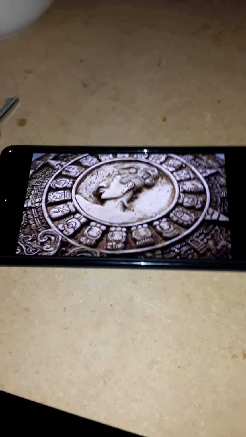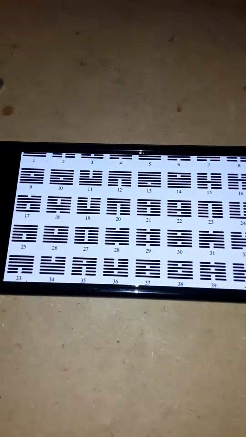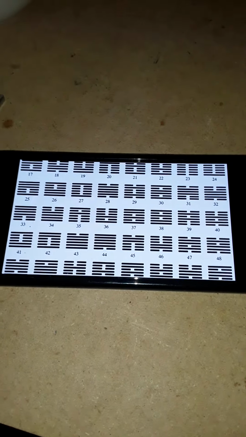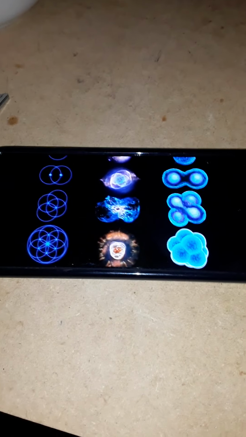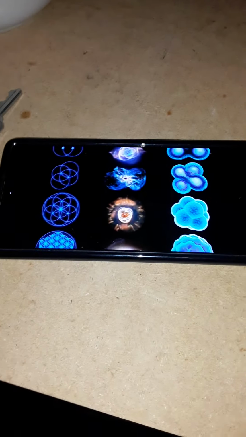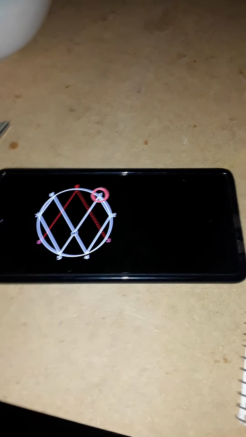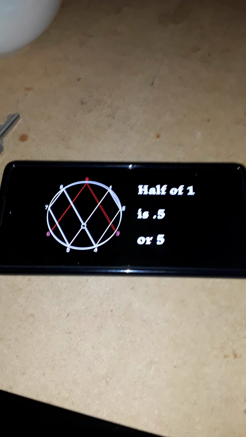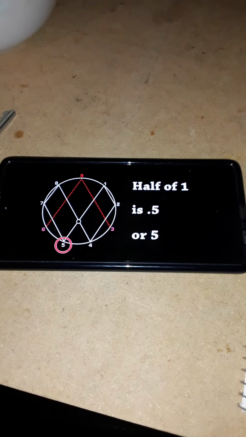This is why 64 is the complete cycle for the Mayan calendar or the I Ching. Also, there are 64 possible patterns for a codon in DNA. This doubling, or geometric progression, is commonly found in nature and was understood by the ancients. Now, if we go backwards, meaning reduce the number 1 by half, we would get 0.5, which translates to 5.